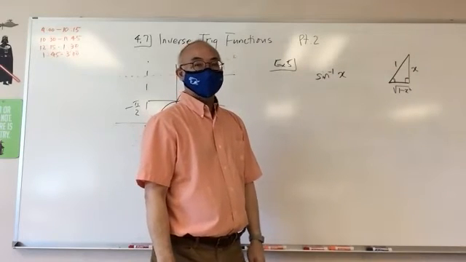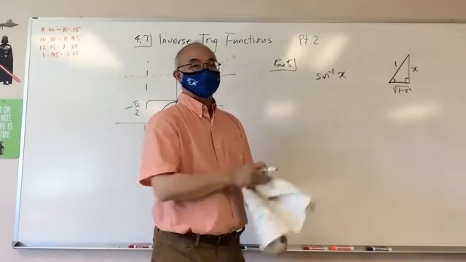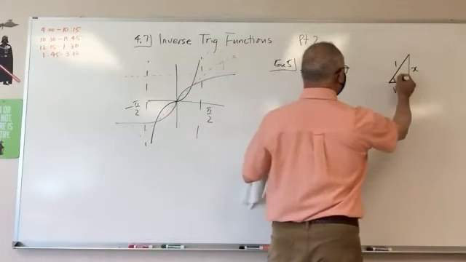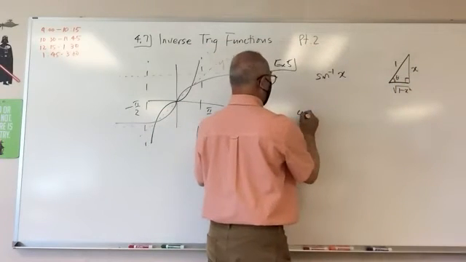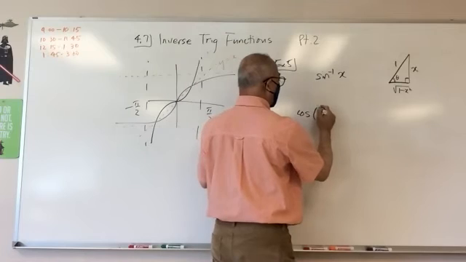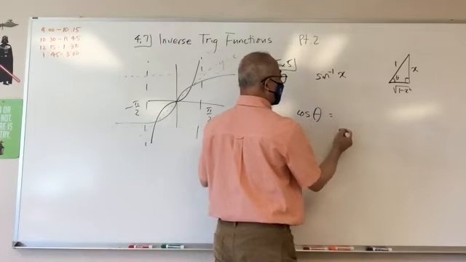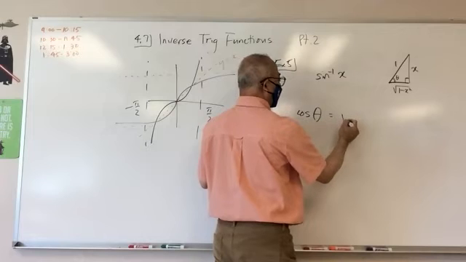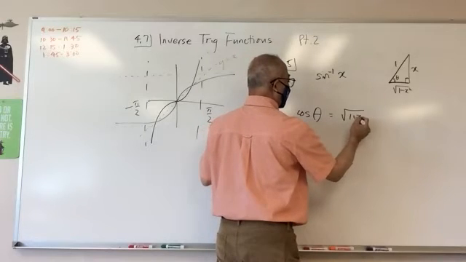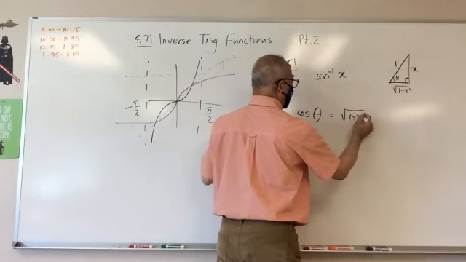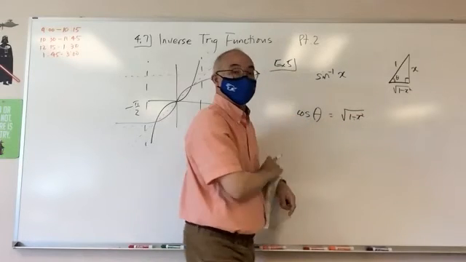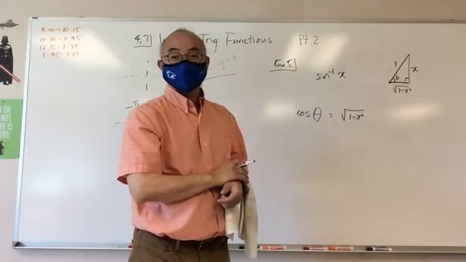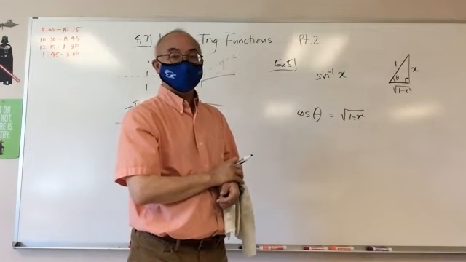So I'm forcing this. So now I can say the cosine of theta is equal to what? Over 1, right? But I'm not going to put the 1. There's no need to put the 1, because it's going to be over the hypotenuse, correct?